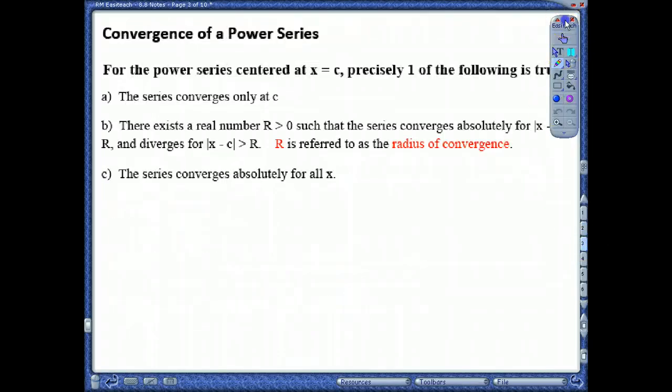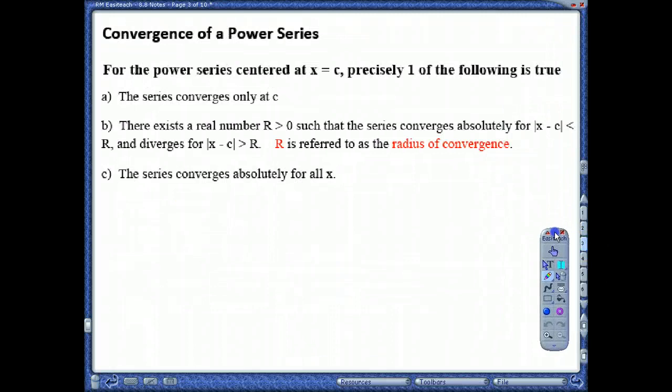Now, when they ask us about a power series, they're going to ask us about the convergence. A power series will have exactly one of three things be true. The first thing that could be true is that the series converges only at the point it's centered at.